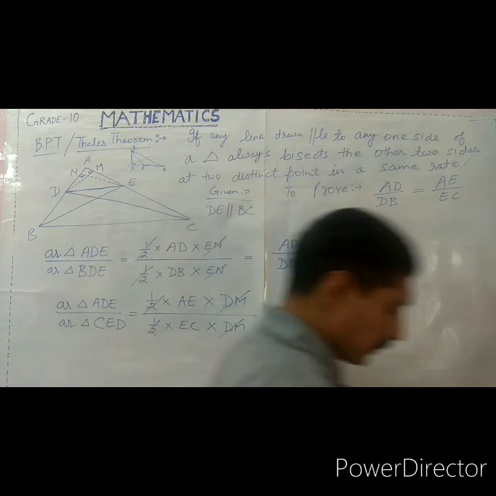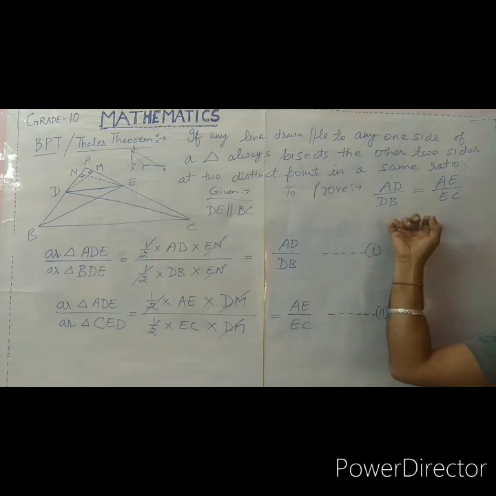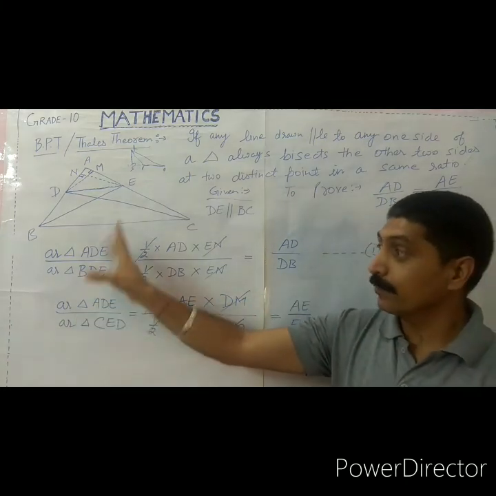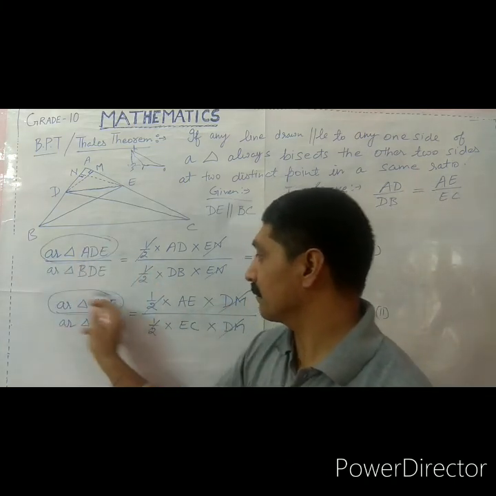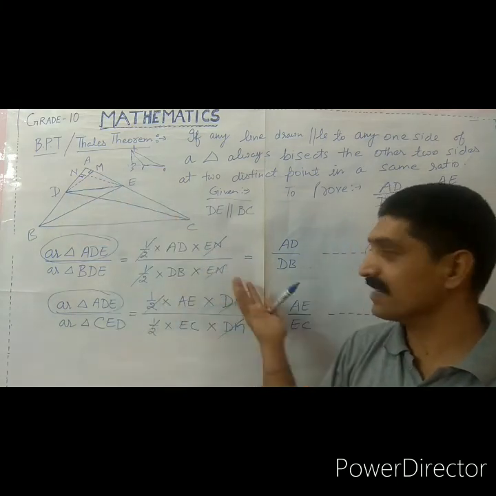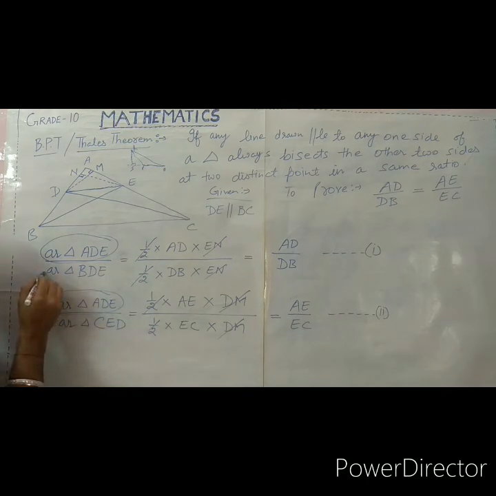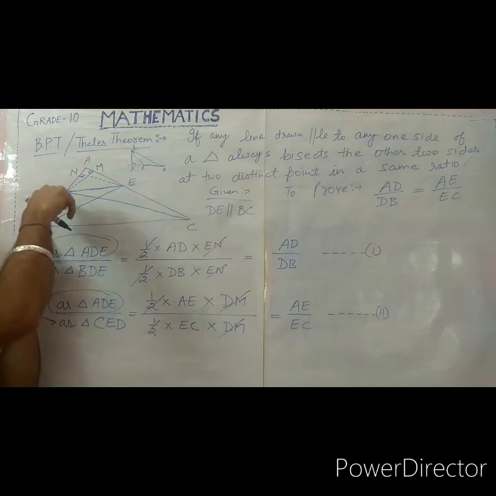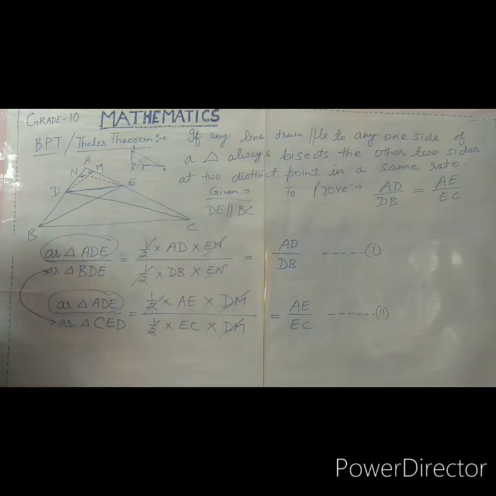So from equation number 1 and equation number 2, the right hand sides of the equations are equal. So we need to prove the left hand side, whereas in the left hand side both numerators are the same triangle ADE, so its area is same. So with the third equation, we will prove with certain properties that these two triangles, triangle BDE and triangle CED, their area is equal.